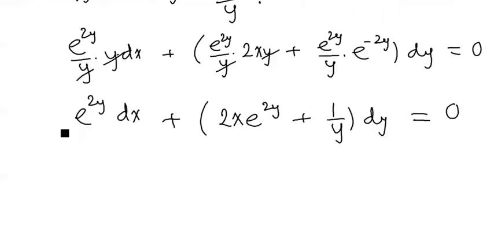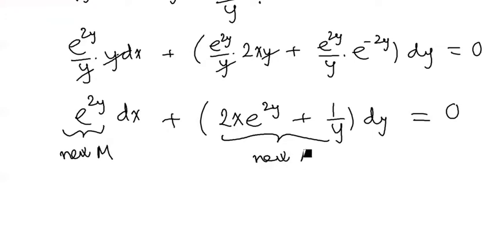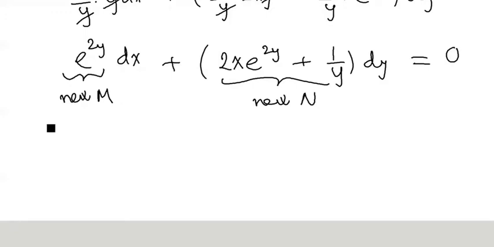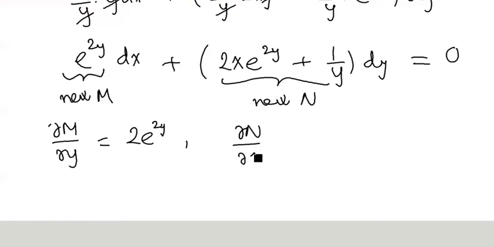This is our new equation. This is new M, new N. Let's check that the new equation is exact. So dM/dy is 2 e to the 2y, and dN/dx, taking the derivative in x, we have 2 e to the 2y.